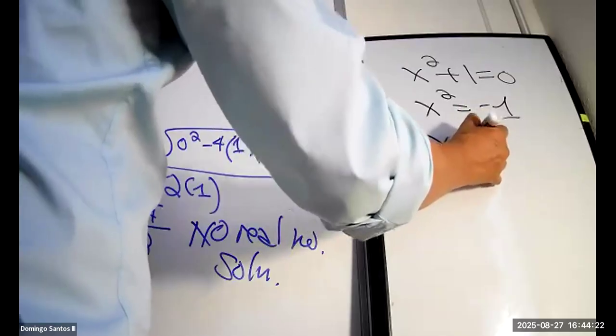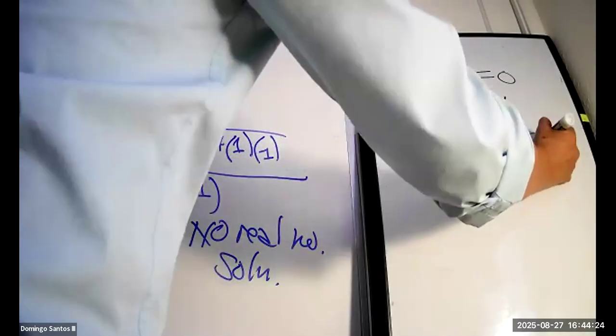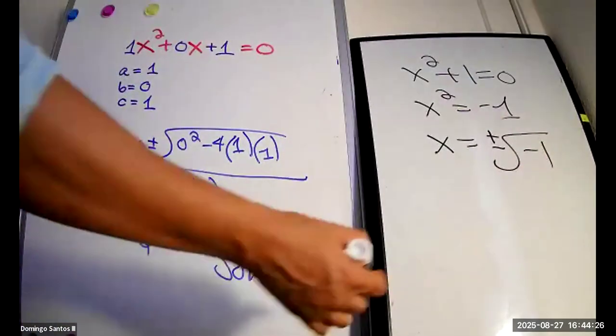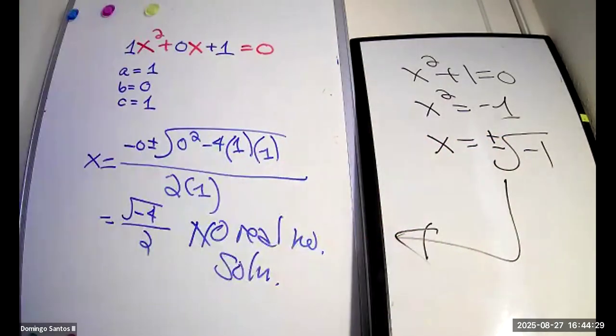And x is plus or minus the square root of negative 1. Again, the same, no real number solution. This would have been an easier way, but we wanted to use the quadratic formula. That's why I had to use that. Any questions? We're good?